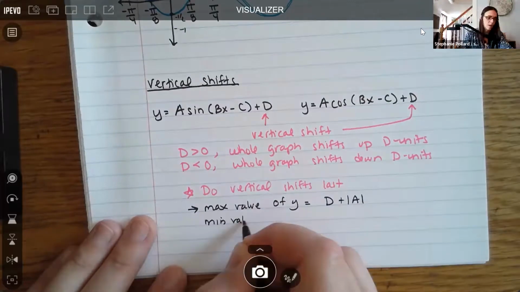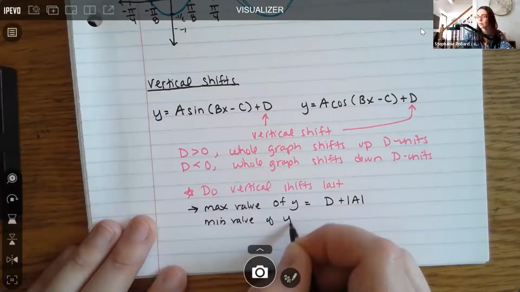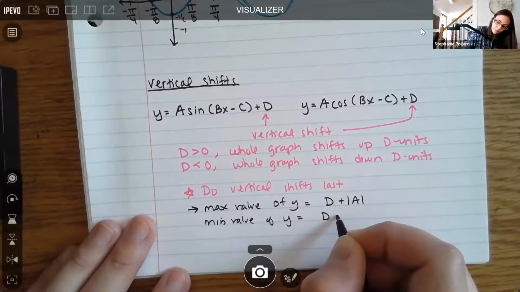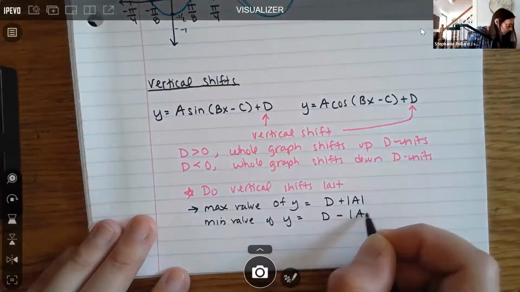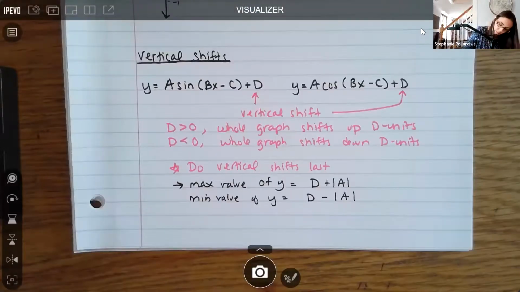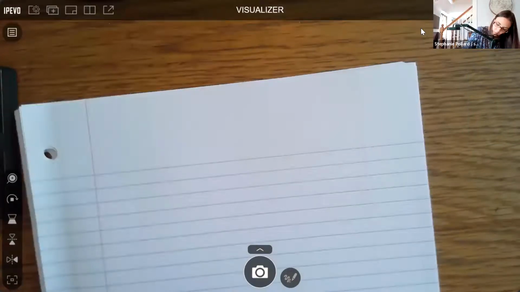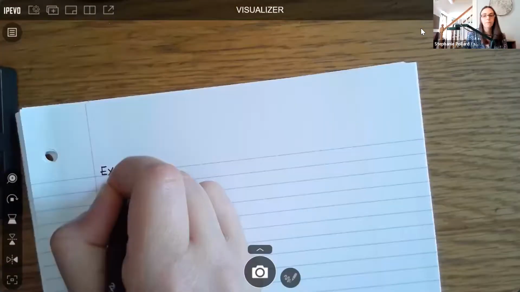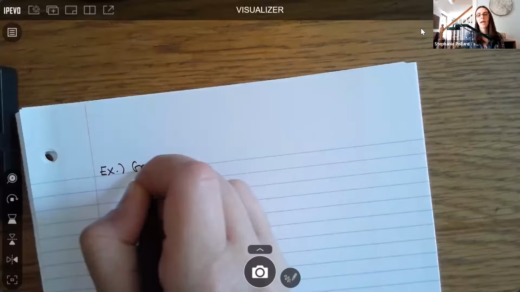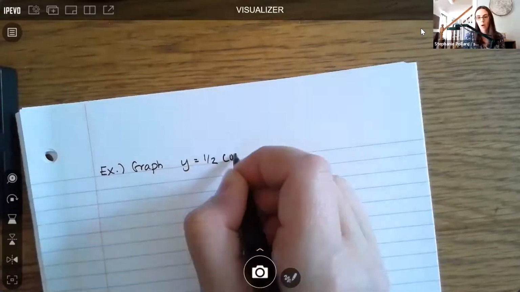So let's just do one example here with cosine. So here I have 1/2 cosine x minus 1.